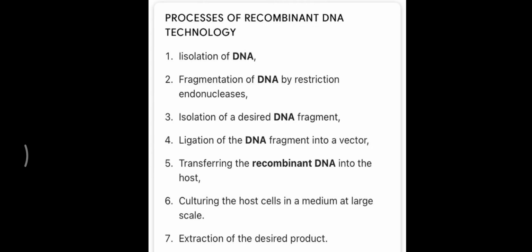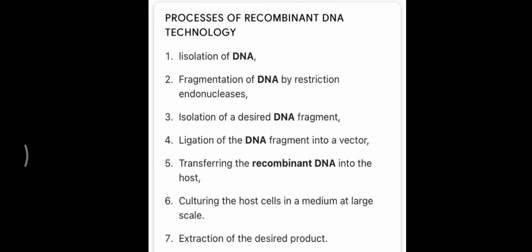The restriction enzyme is going to inspect the DNA all along its length, and then it will make the cut at a specific region, that is the specific code of the restriction endonuclease, and the DNA fragments will be produced.